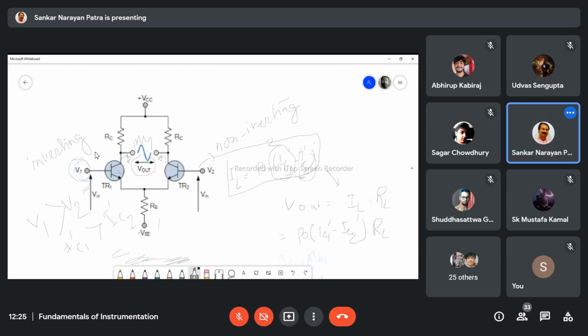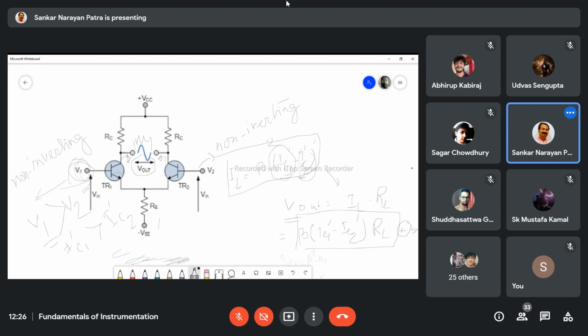So the value of V output will be positive. That means whatever the polarity of V1, the output voltage will be the same polarity. Am I right? Yes, sir. V1 is greater than V2, so the output voltage is also positive here. So whatever the polarity of this one is, the output voltage will be the same. So this will be the non-inverting terminal.